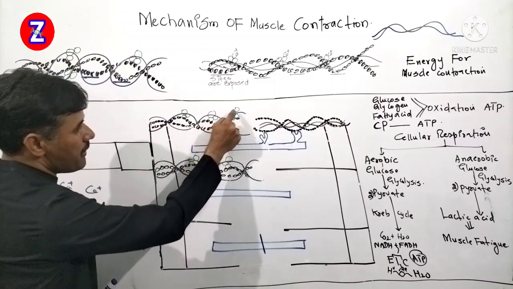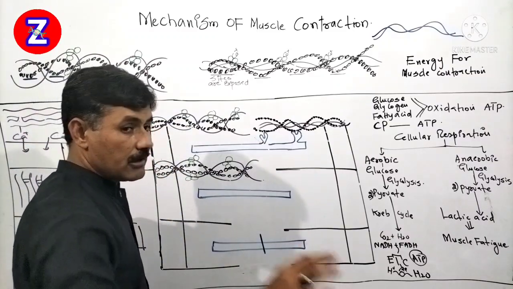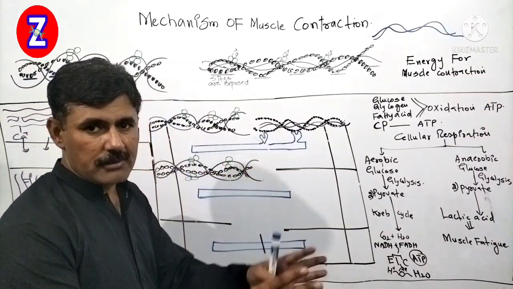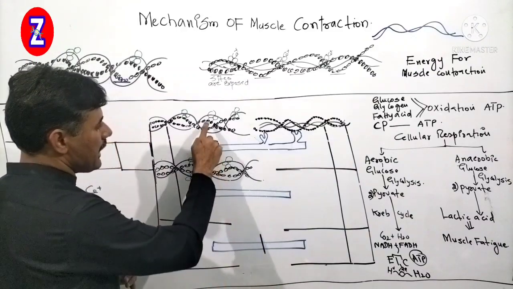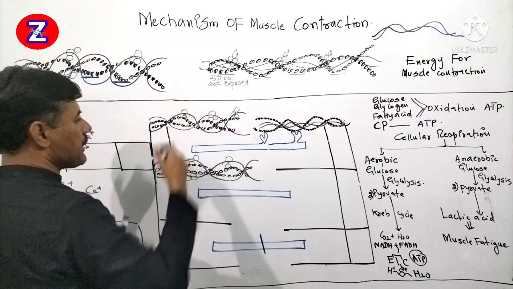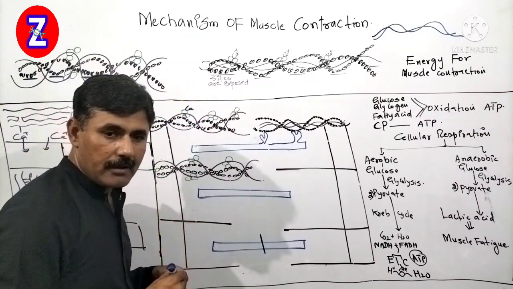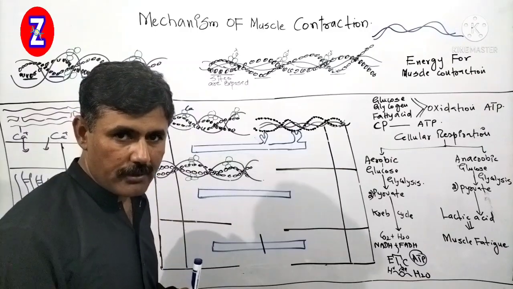And on these tropomyosins at different intervals, there is another filament present called troponin, which has three parts. One binds with the actin, another binds with the tropomyosin, and the other binds with the calcium. And this is the structure of troponin.